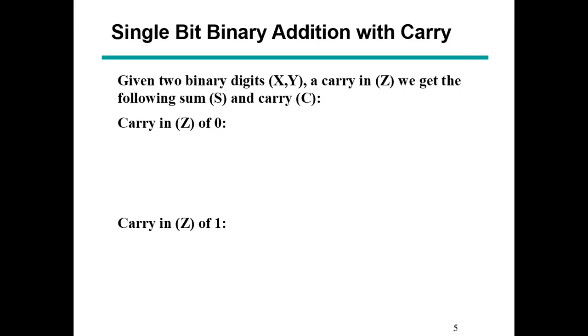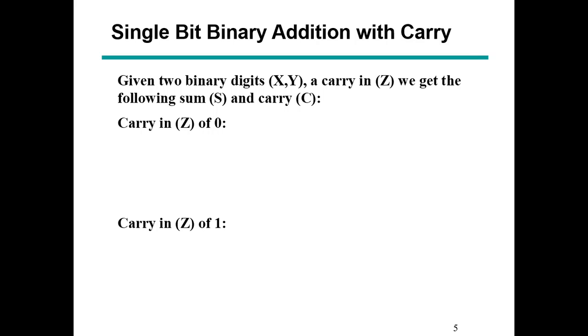Now single bit addition. Whenever you're adding two numbers, if those numbers have some digits, you don't just add those two digits. There is a possibility that you may have a carry from a previous addition. Or if you add two digits or two bits, the sum may not be a single digit sum, so there may be a carry out.